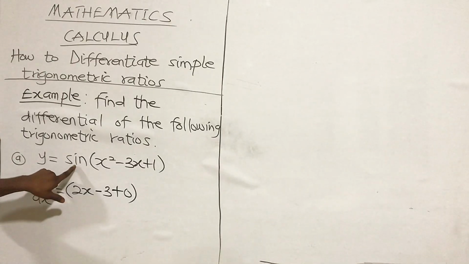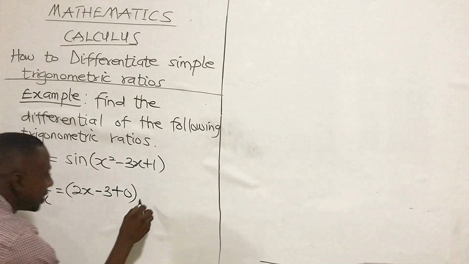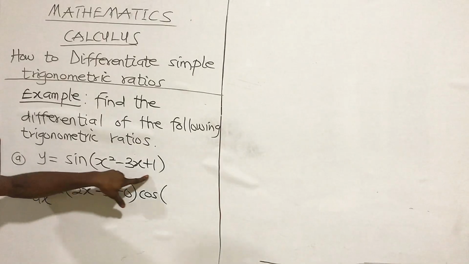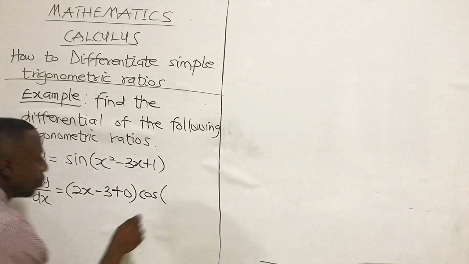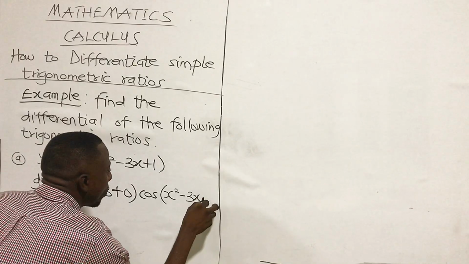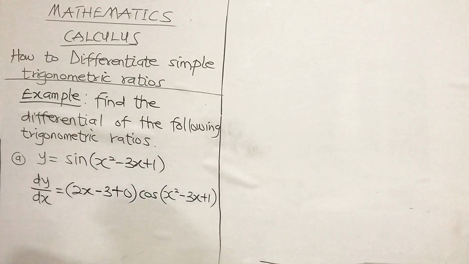Afterwards, then I need to differentiate the trig itself. And when I differentiate sine, I am getting cos, multiplying the main function. So multiplying x squared minus 3x plus 1.